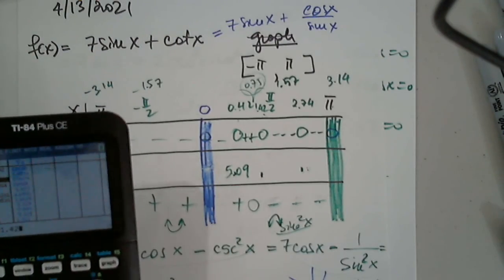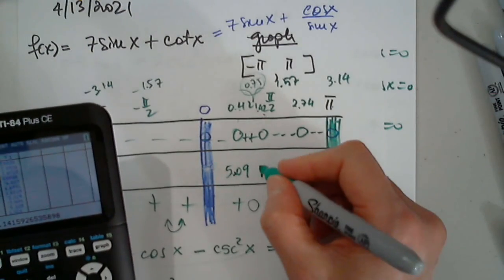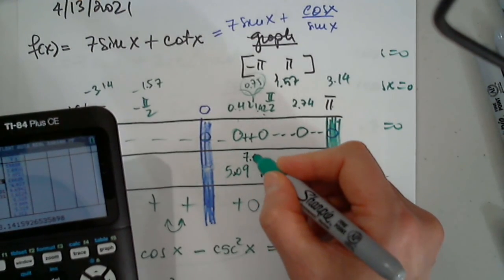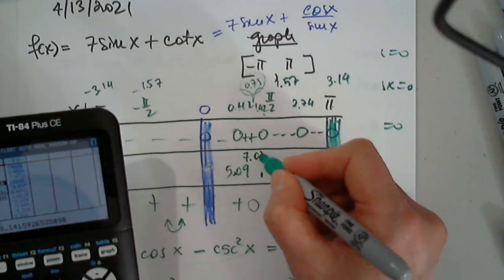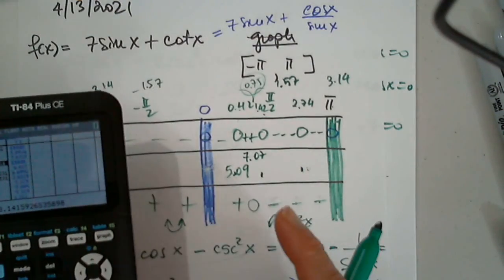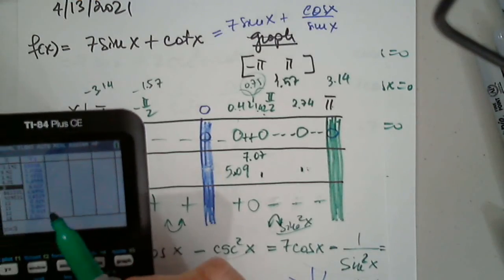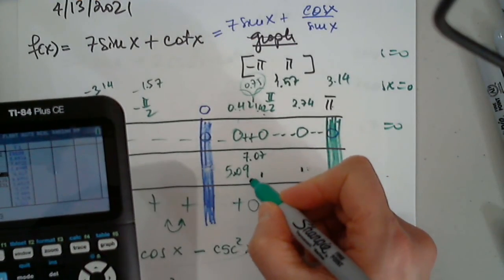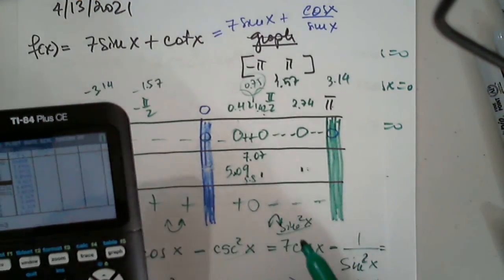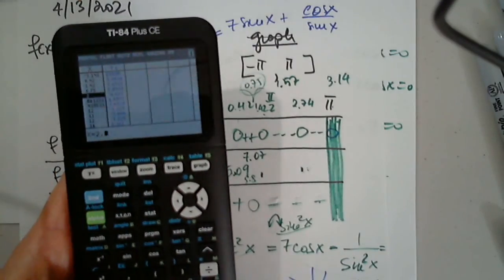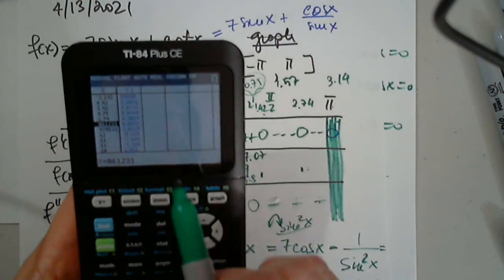With 1.42, a sigh of relief, 7.07. With 0.75, I get 5.8. So I'm okay there. Let's check with 2.74.